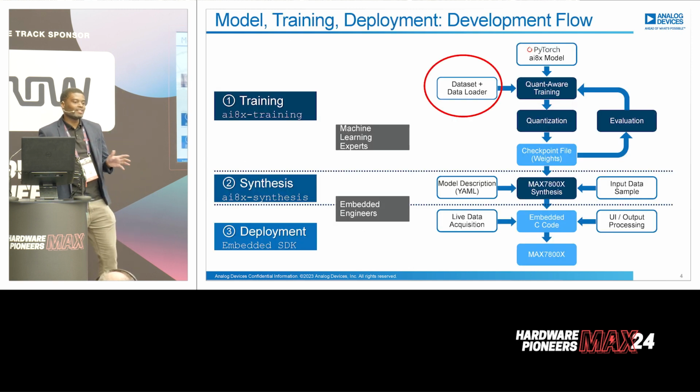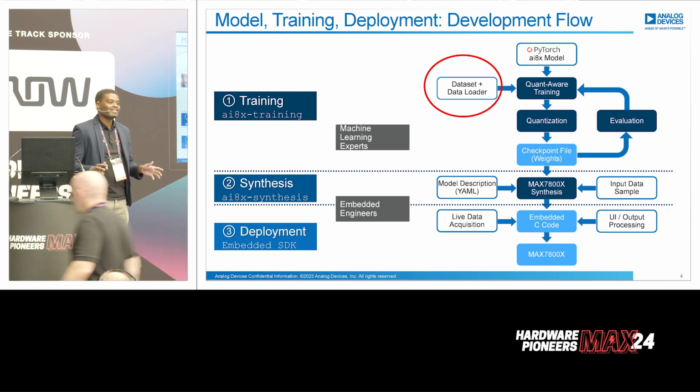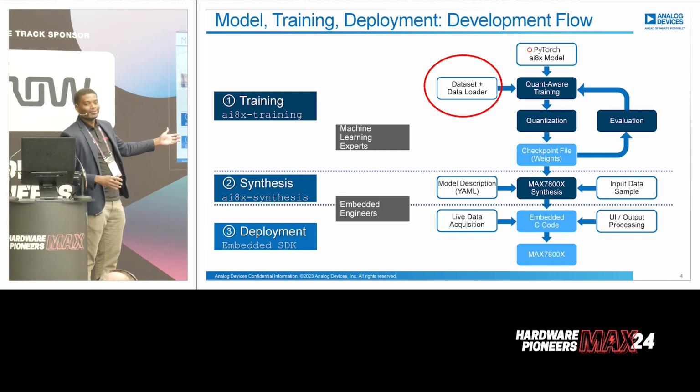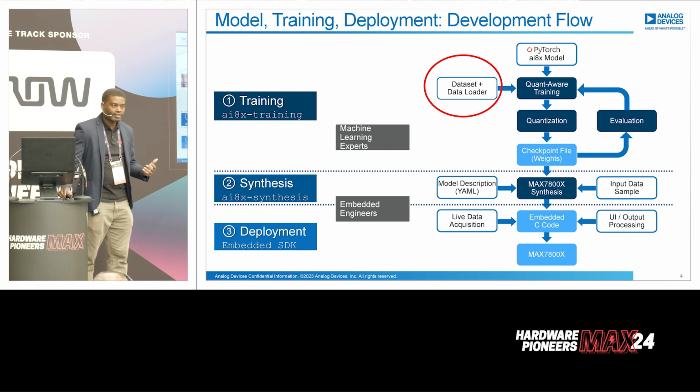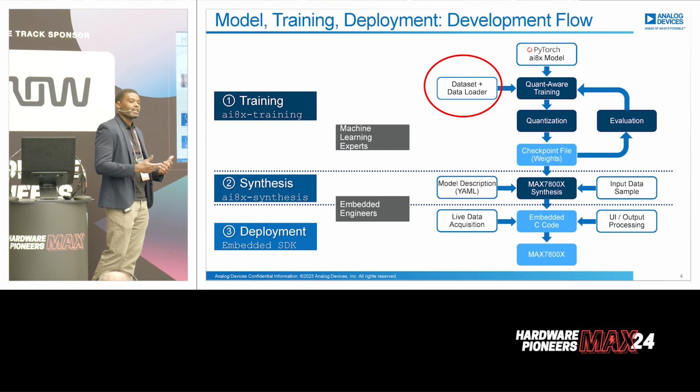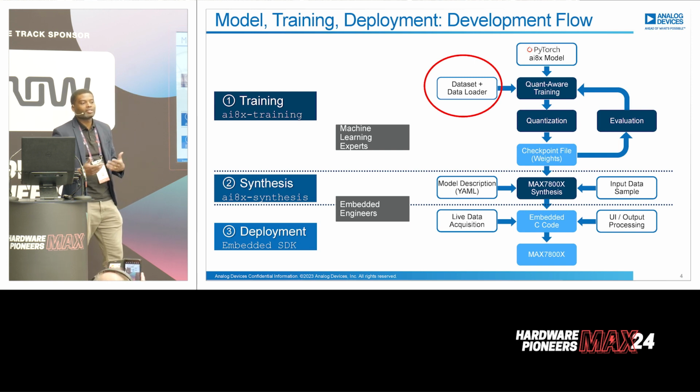So this is not a presentation on AI, coming from the guy who's giving you an illustration of the methods used to actually program one of Analog Devices' AI low-powered microcontrollers that have a built-in convolutional neural network.